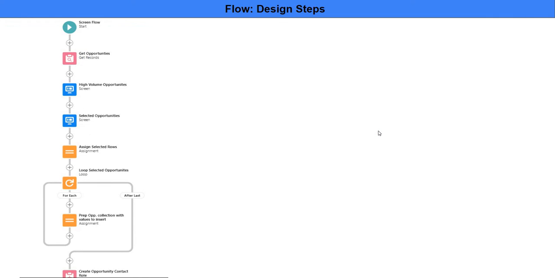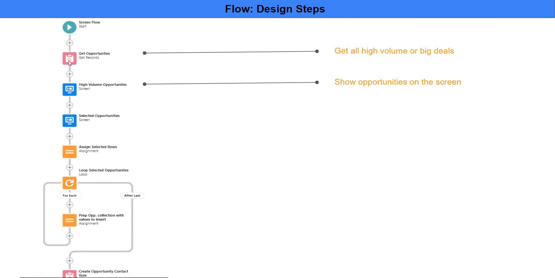And here are the design steps for building this flow. As you can see, there are multiple steps involved. To start with, we will use the Get Records data element to bring all the deals from the database, and then we will filter and show only the high volume opportunities. Then we want to show only the selected opportunities on the screen.